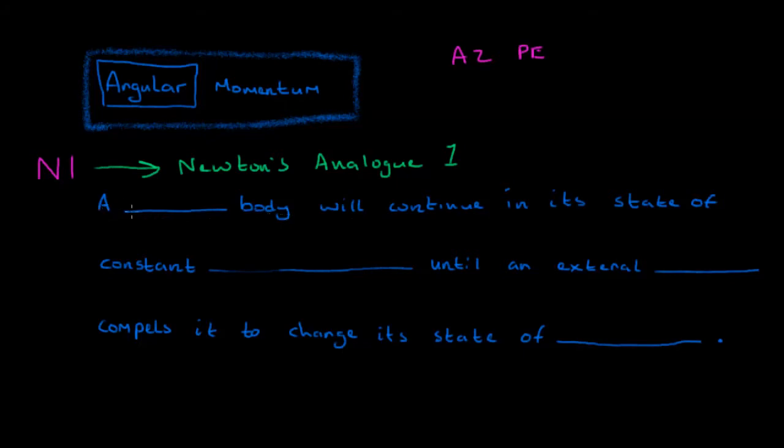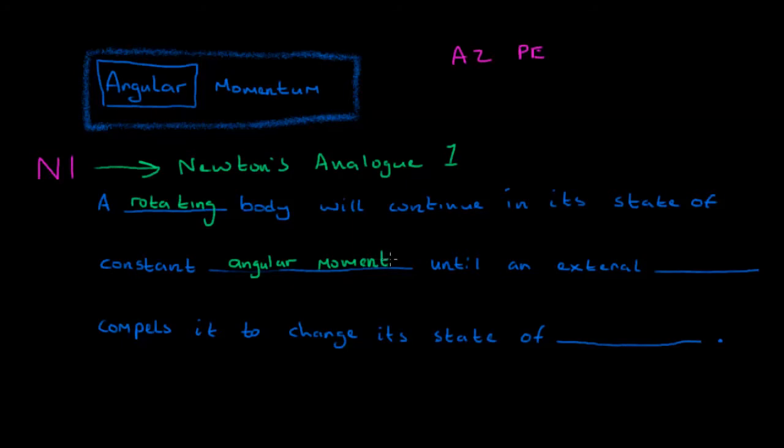than a body or all bodies, it actually states that a rotating body will continue in its state of constant, and of course in terms of linear motion we would have said velocity, but now we're going to state constant angular, which of course means spinning, turning, angular momentum.